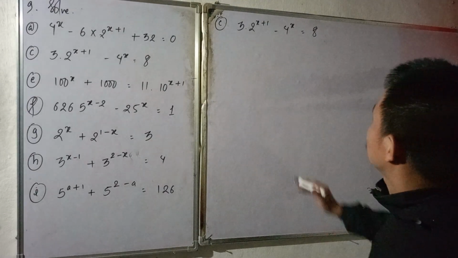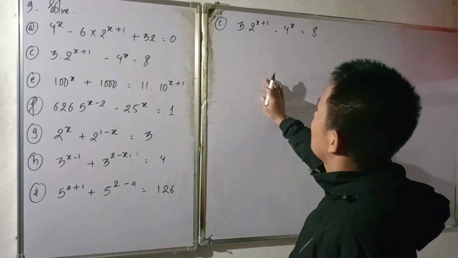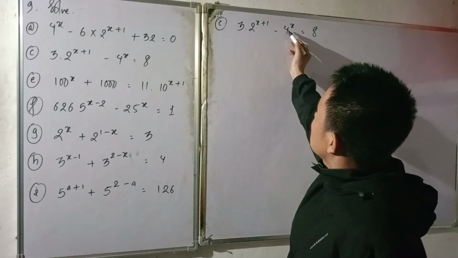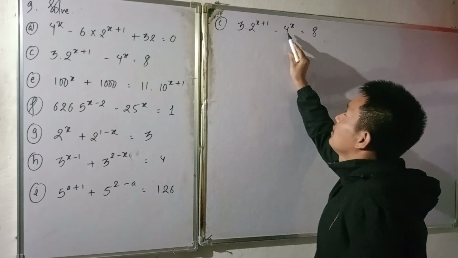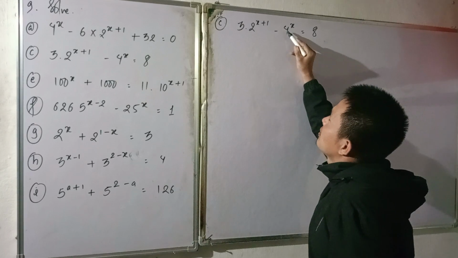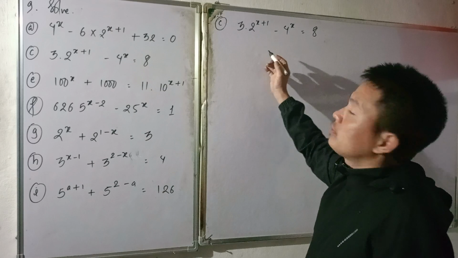In 9C, just like in the previous one, you can convert this 4 to a power of 2, that is, change this 4 to base 2.